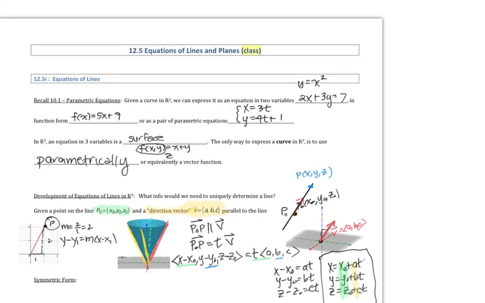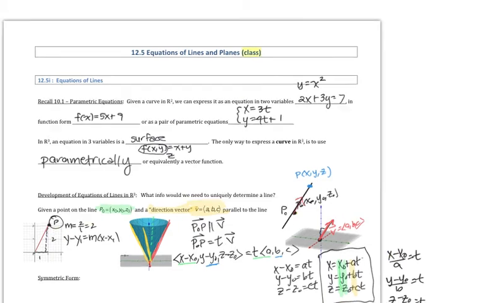and solved for t, the first equation, if I solve for t, would be x minus x0 over a. And we could do that for each one of these. And so sometimes what you'll see done is, if these are all t, then these are all equal.